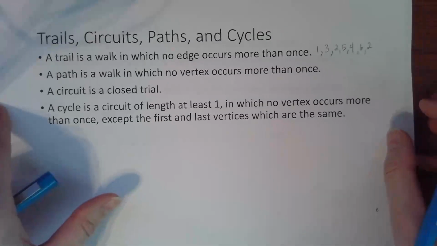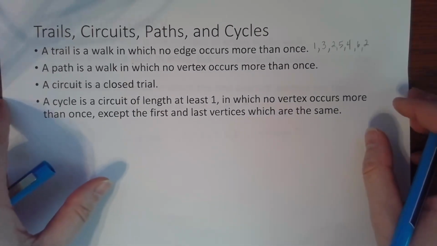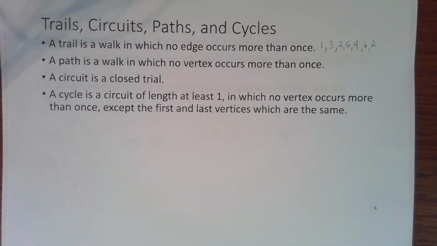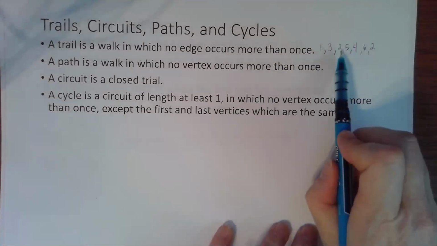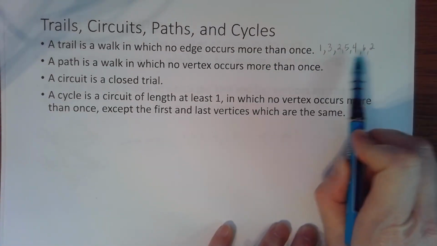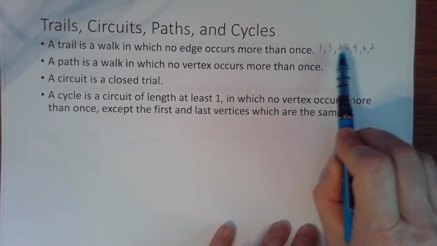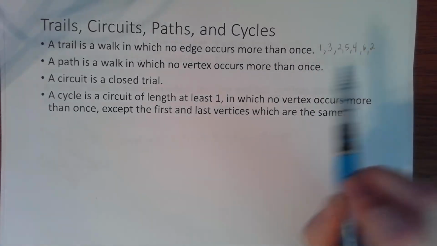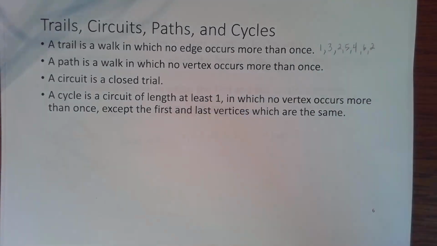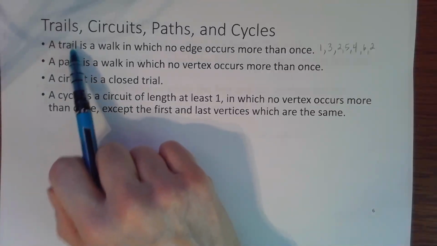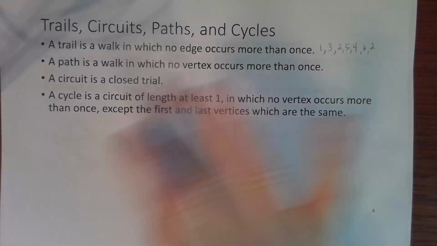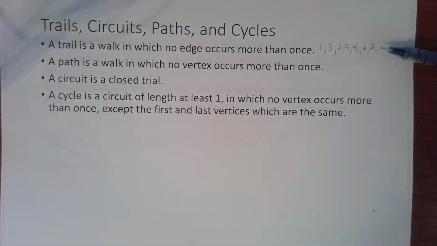Then a path is a walk in which no vertex occurs more than once. So notice here we have the vertex 2 showing up twice. So this one is not a path because we have repeated vertices. That's the difference between a trail and a path. So a trail, we just can't repeat any edges, and we haven't, even though some of the vertices are the same. And a path, we're not going to repeat any of the vertices.